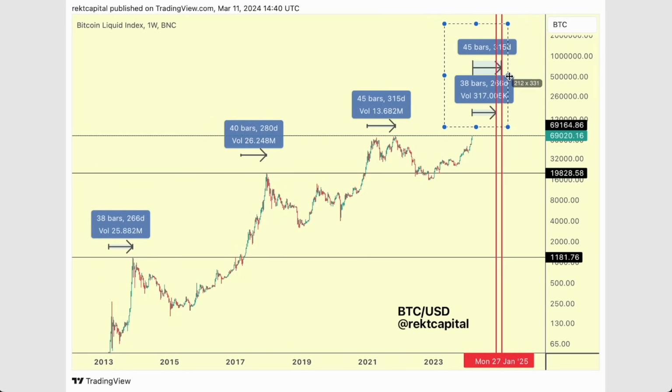So that really does push this potential bull market peak maybe into February, maybe even into March, at the latest April. If we take this lengthening into account, it comes down to a period where maybe it isn't going to be December 2024 or January 2025.